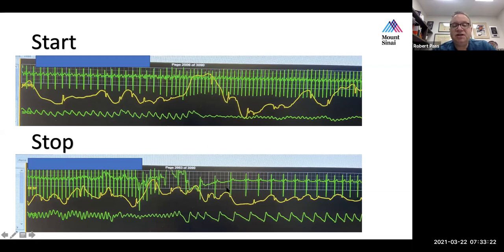So the first sinus beats that come back will often be very wide QRS with a short PR interval. And then sometimes as the adenosine wears off, you will no longer see pre-excitation. So the fact that we do not see any pre-excited beats immediately after termination of SVT is certainly highly suggestive of the absence of WPW in this patient.